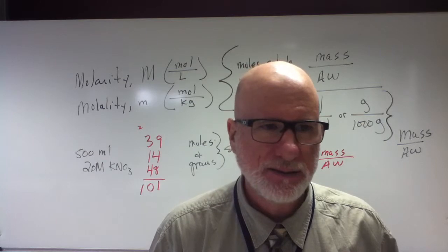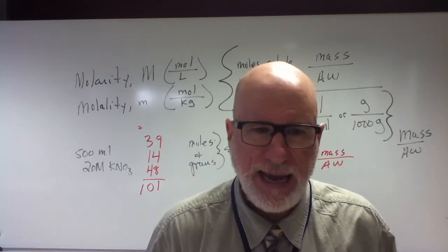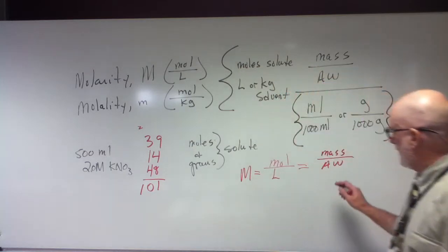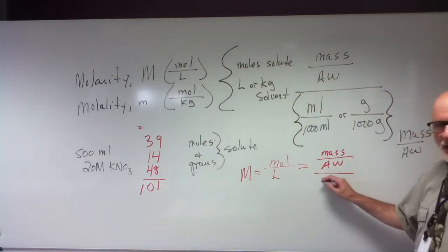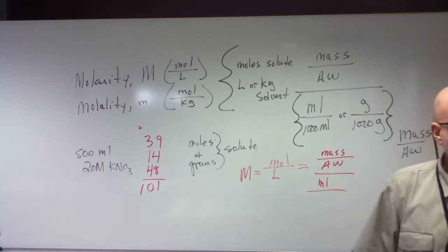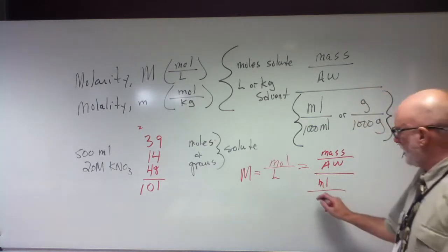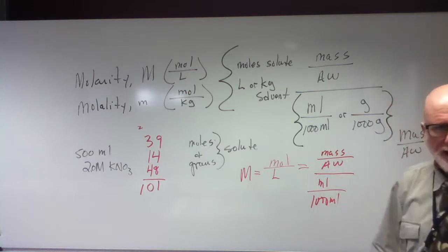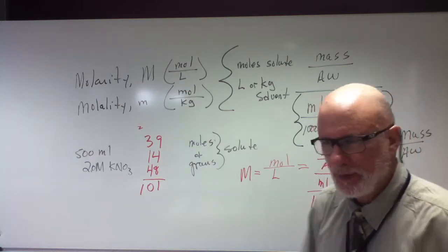They're cringing. Can you hear them cringe? Okay, excellent. And then I'm going to put that over the milliliters of solvent divided by 1,000 milliliters. Okay? Can I do that? Is that okay?